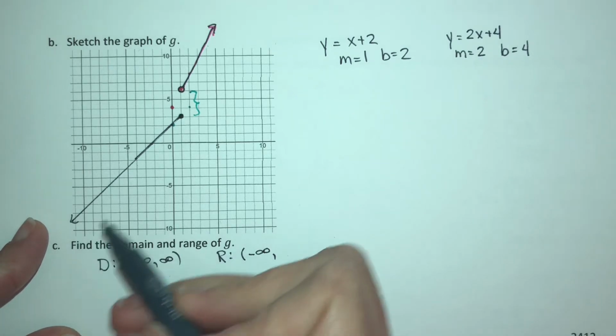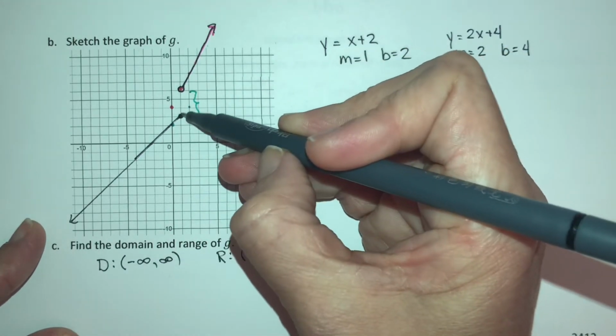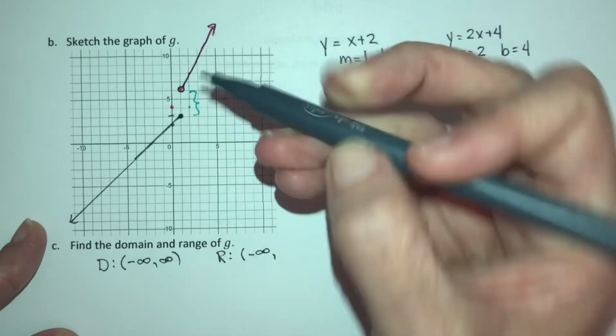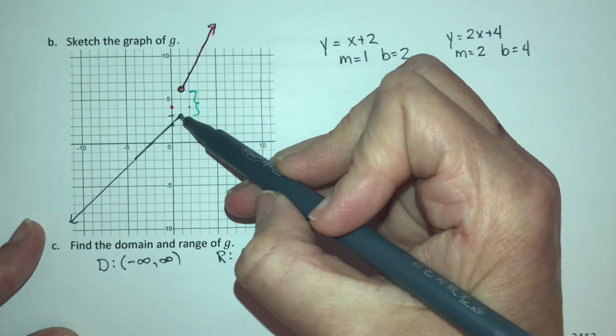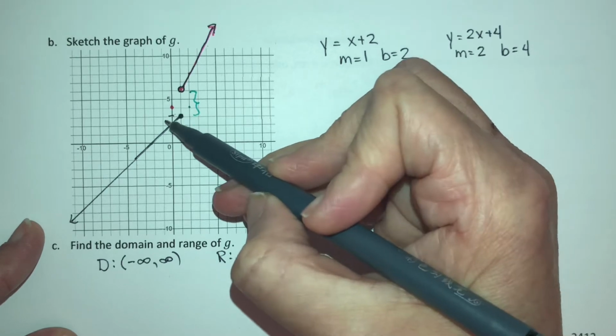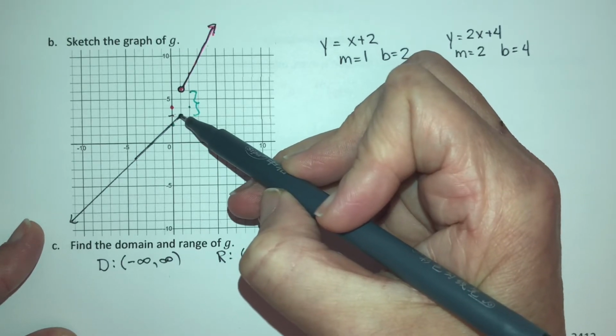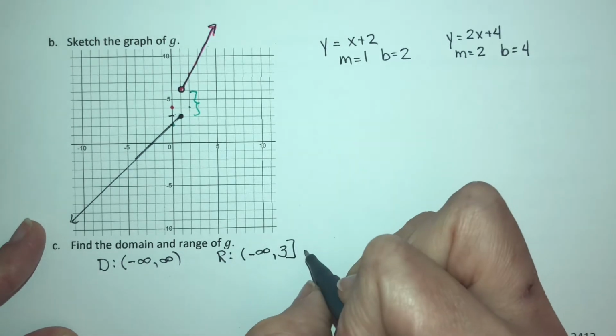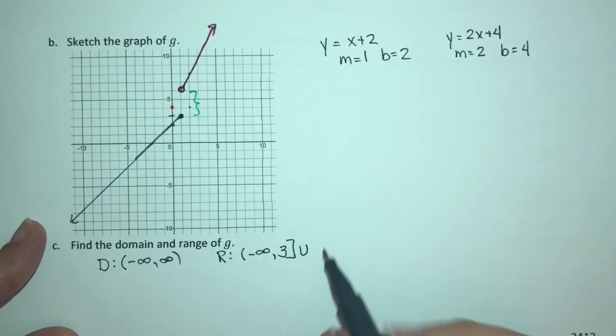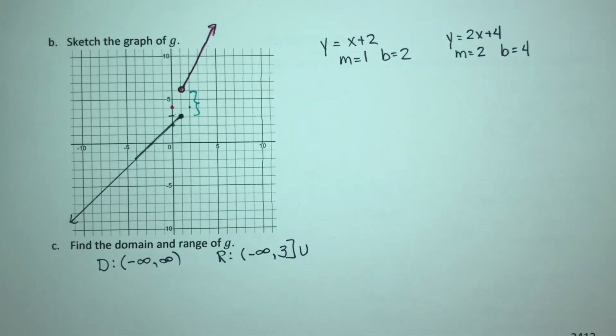And then it goes up to 1, 2, 3, y equal to 3. And my y value does equal 3 because it is part of that. It has a closed-in circle, so that's a bracket. And then union, because technically we are combining these two interval notations.